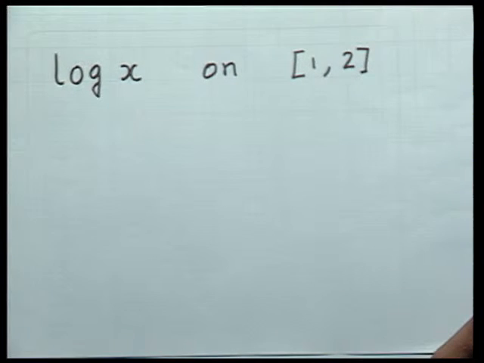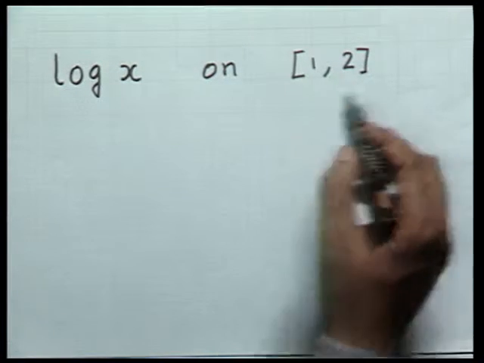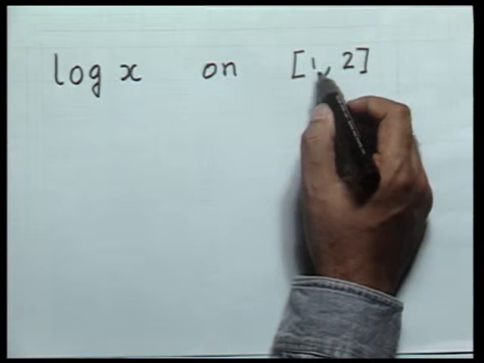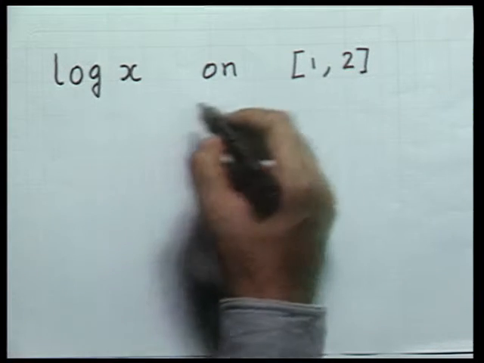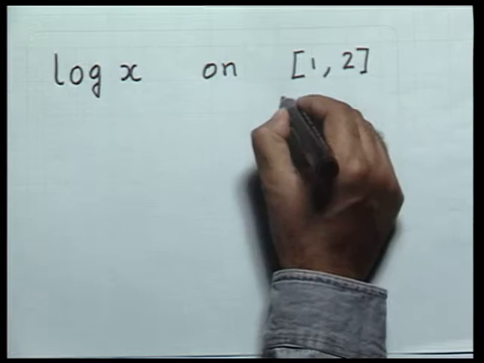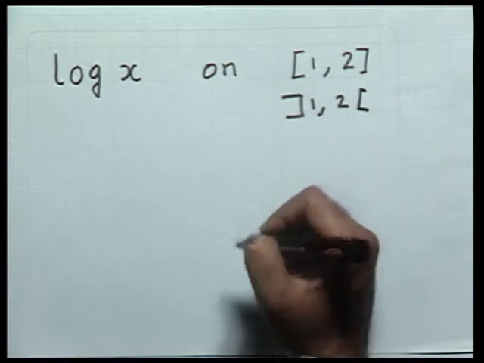Let us take a look at the function log x on the closed finite interval 1, 2. This function certainly satisfies the properties of the mean value theorem. It is continuous in the closed interval 1, 2. Log x is certainly differentiable in the open interval 1, 2.